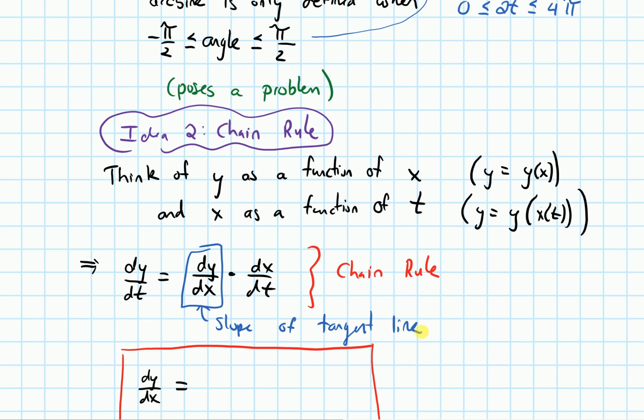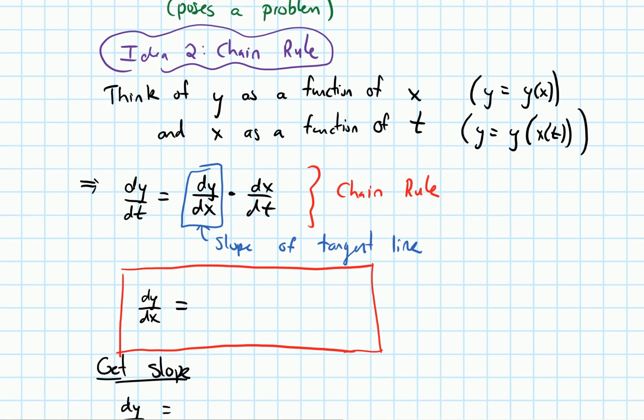So we can solve for dy dx by dividing by dx dt, and we get dy dx equals dy dt divided by dx dt. That's true as long as dx dt is not equal to 0. This is the formula for the slope of a tangent line when we have a parametrized curve. That's why I've boxed this.